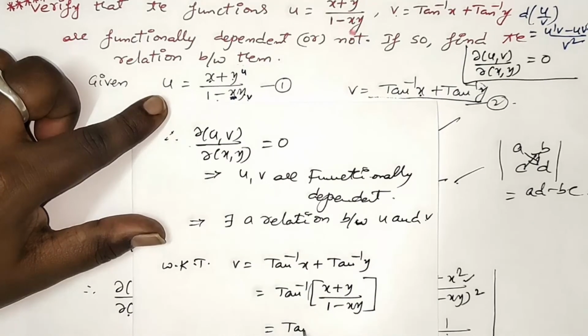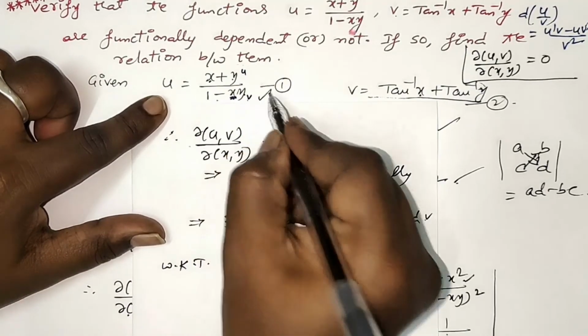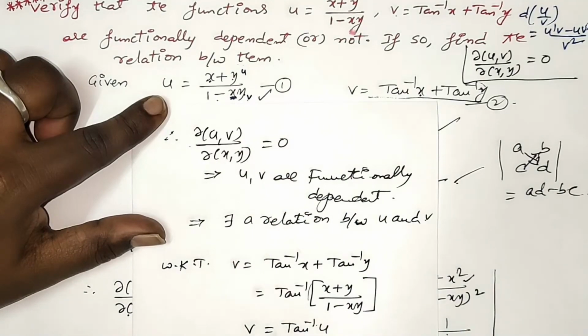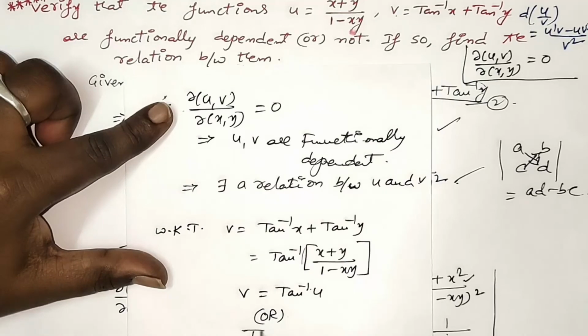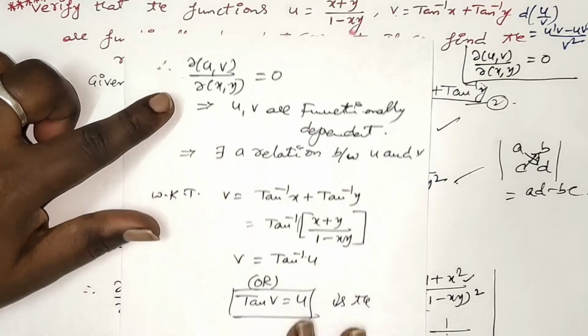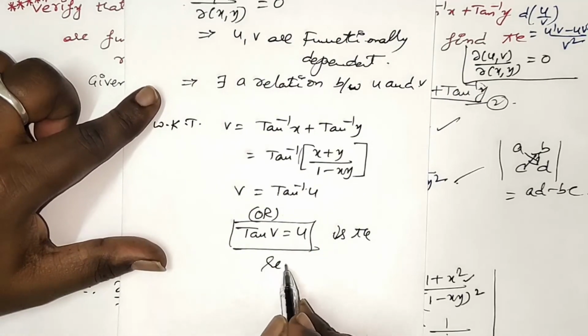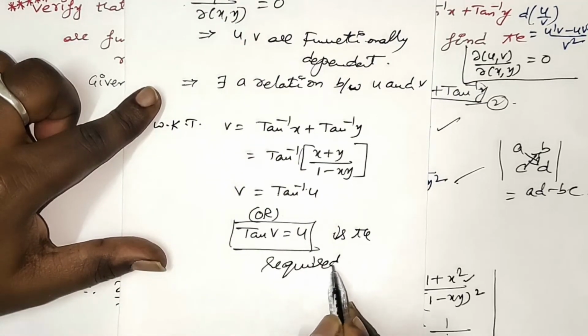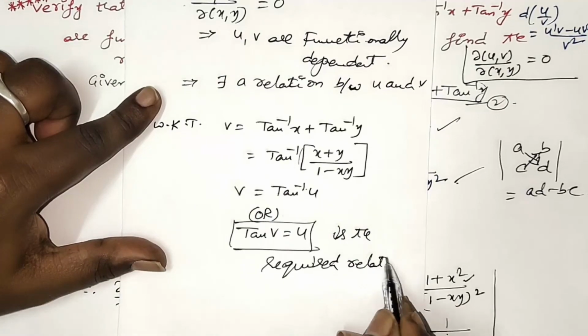This is given as the first equation, u. Okay. So v is equal to tan inverse of u. Otherwise, this equation can be written as tan v is equal to u. u is equal to tan v is the required relation between u and v.